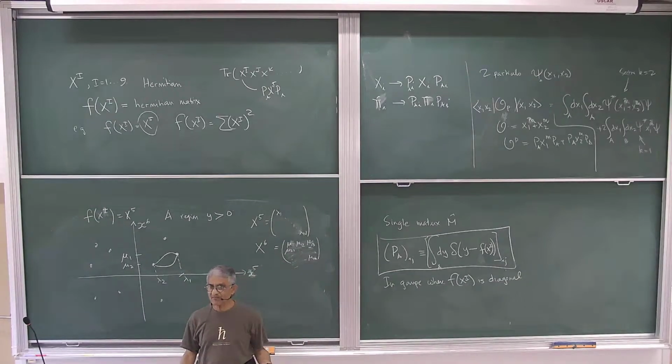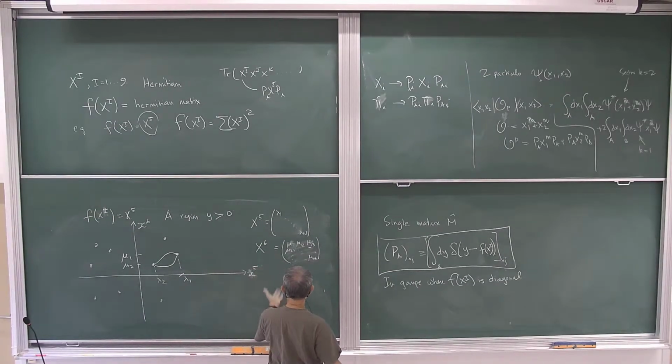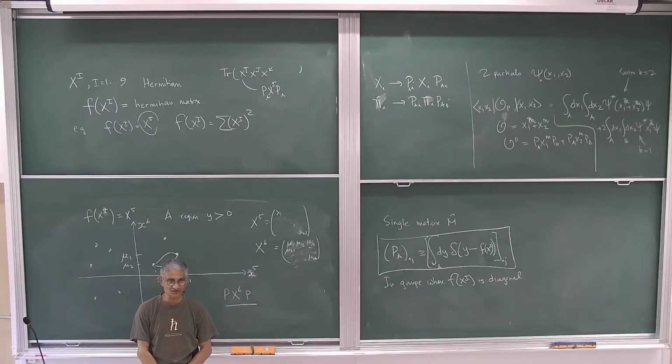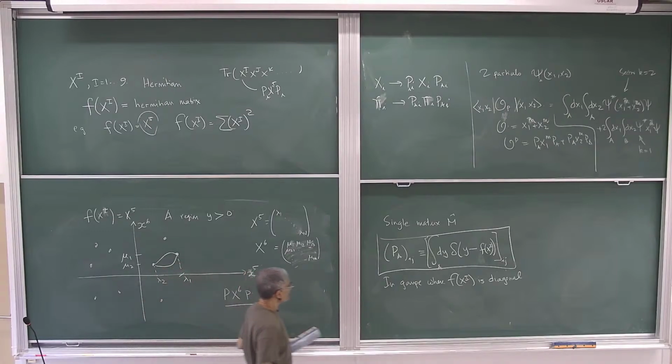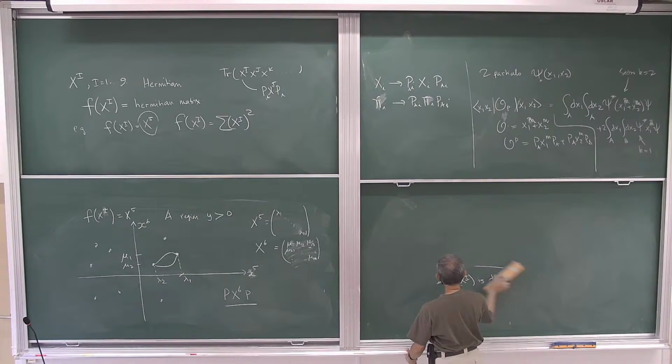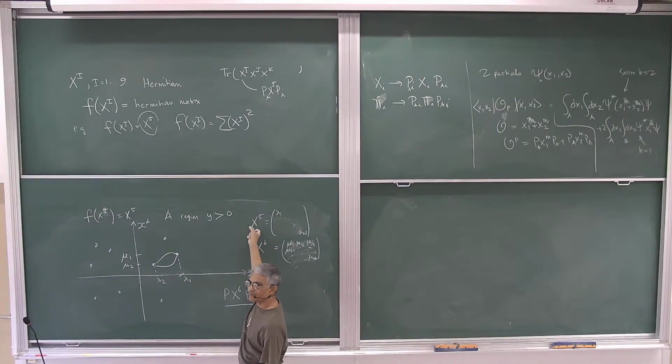But I have the matrix projector. So you just take that, and what is it? P x6 P. I want to calculate what this object is. What does this matrix become? Okay. So for that, of course, this is all working in a gauge where x5 is diagonal.